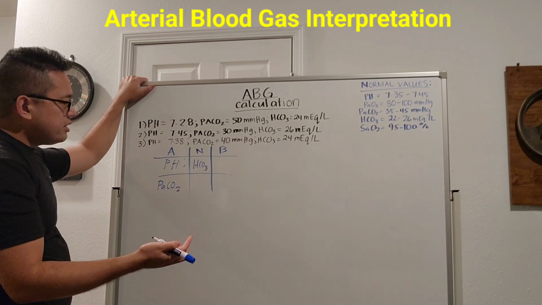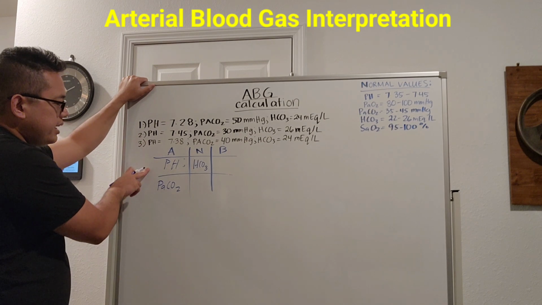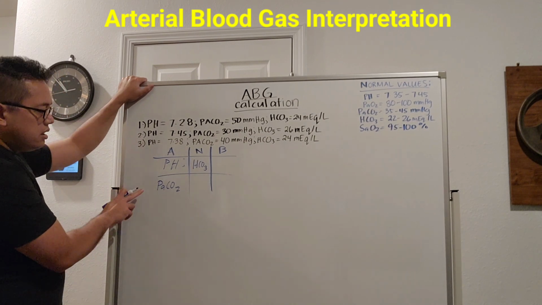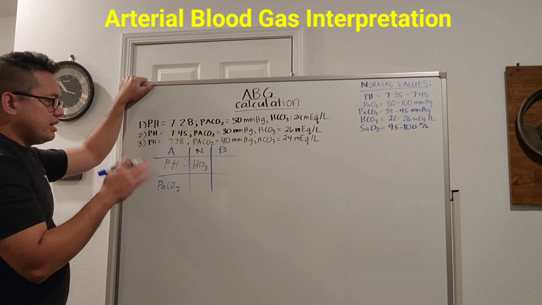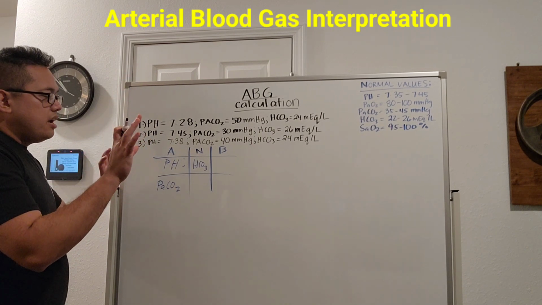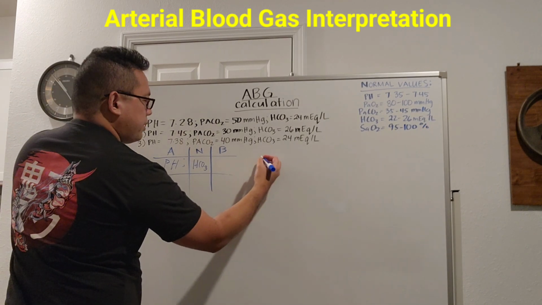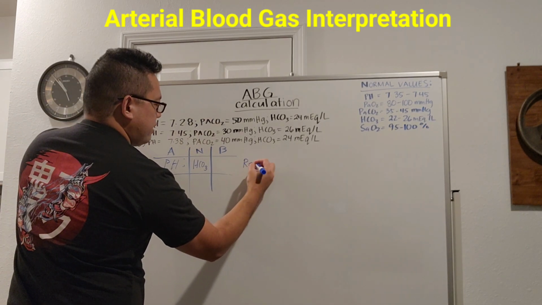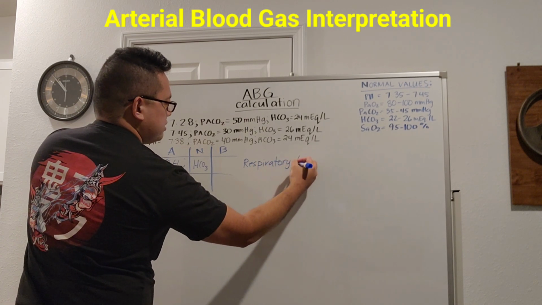So to interpret this one, if the pH and PaCO2 are both acidic and they're inversely related, the person is experiencing a respiratory acidosis.